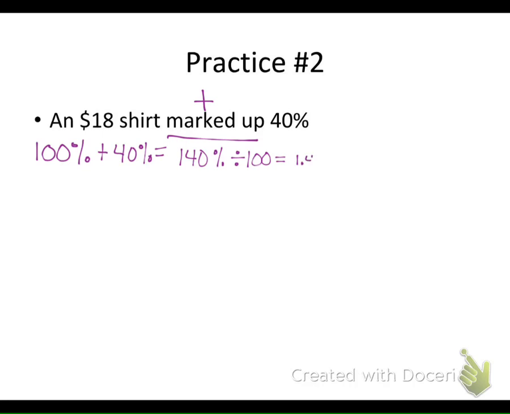Now, this number I just got, that 1.4, is going to be called my multiplier. I'm going to circle it because I'm going to use that number again. In upcoming problems, we're going to have multiple multipliers. That's why I'm circling them, so I don't forget any of the multipliers I'm going to need to use. So now steps 1 through 3 are done. I go to step 4. Mackenzie, what's step 4?